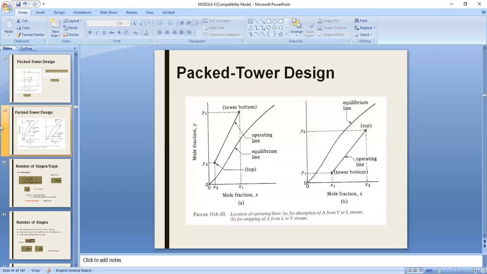I'd like to use this illustration so you will know the dilute end of the column. The dilute end of the column for gas absorption is the tower top, and the dilute end for stripping is the tower bottom. Okay, the concentrations which are less is the dilute end.